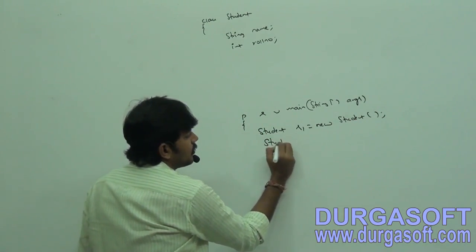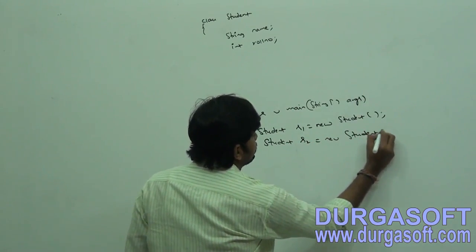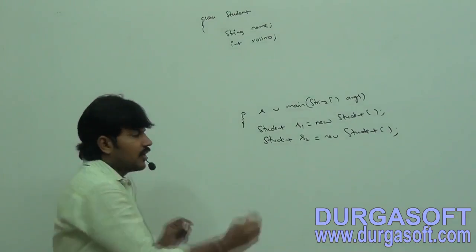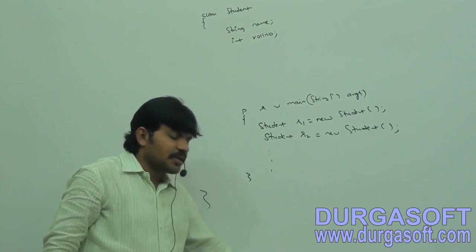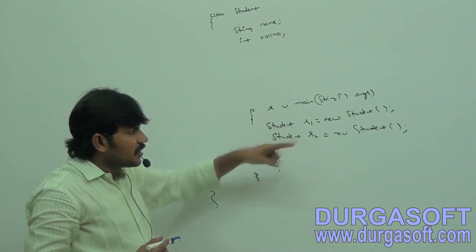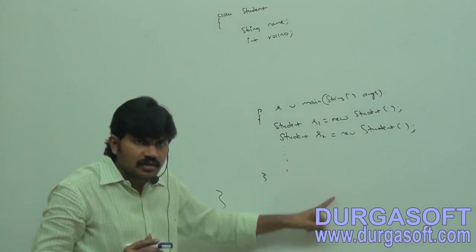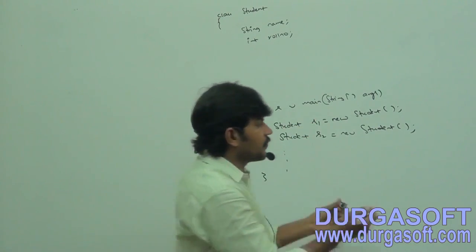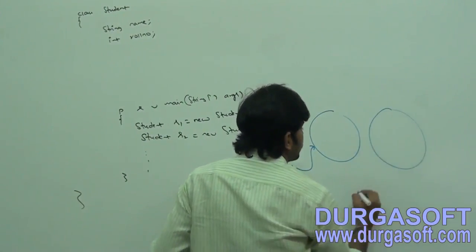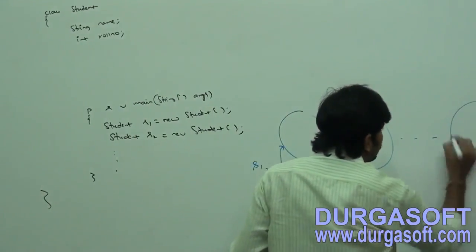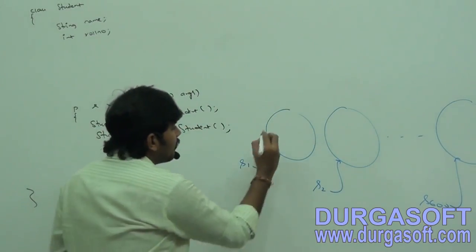Now my target here, observe: assume I created some 600 student objects, s1, s2 and so on.